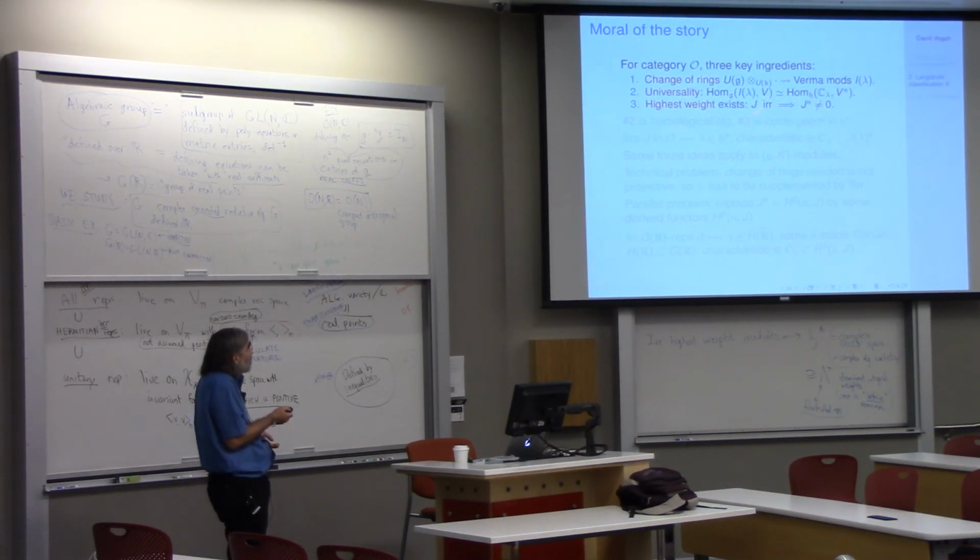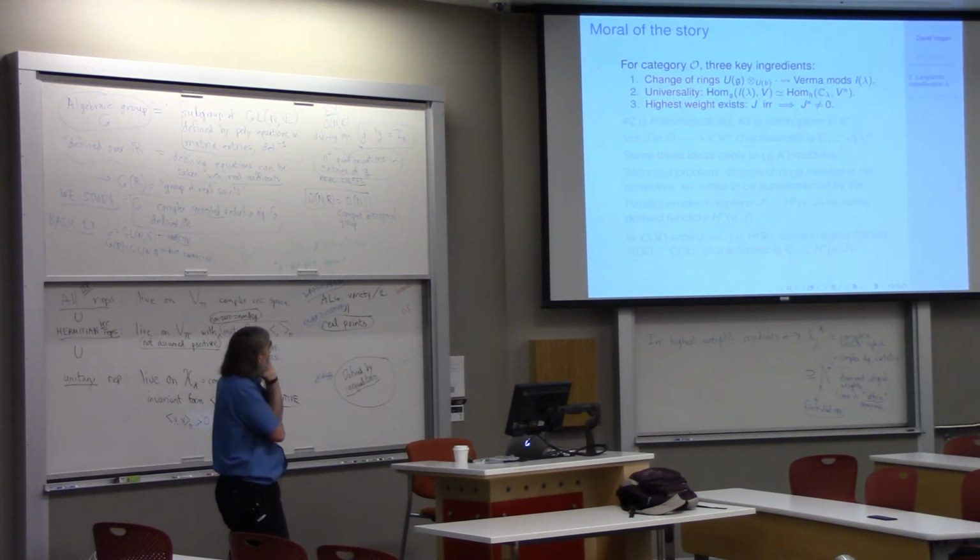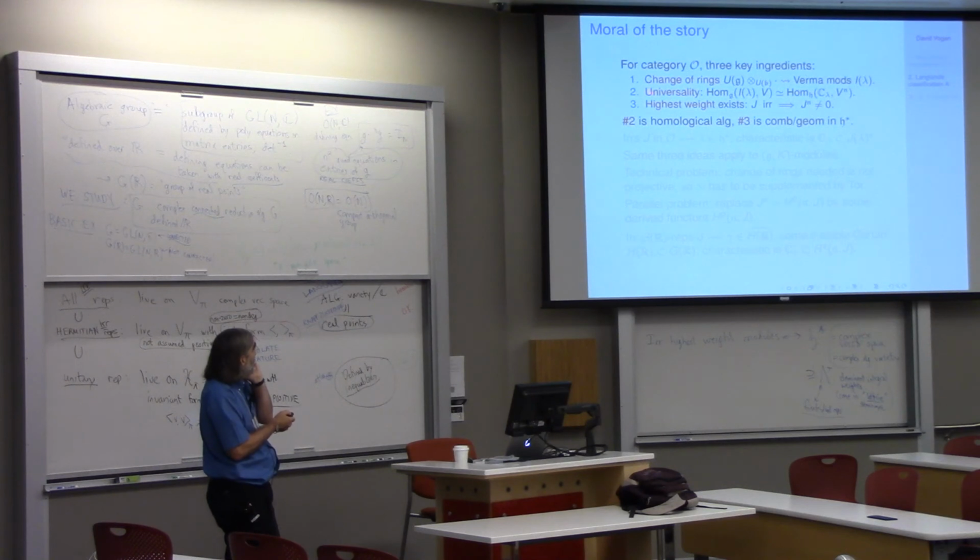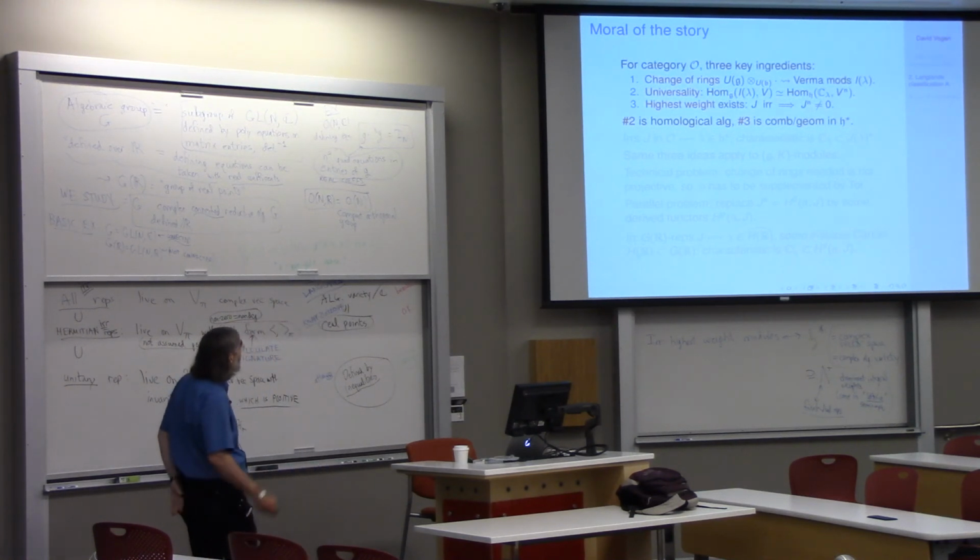That if you have any non-zero module in category O, it has a non-zero space of n invariants. 1 and 2 are things from the Cartan-Eilenberg book on homological algebra.